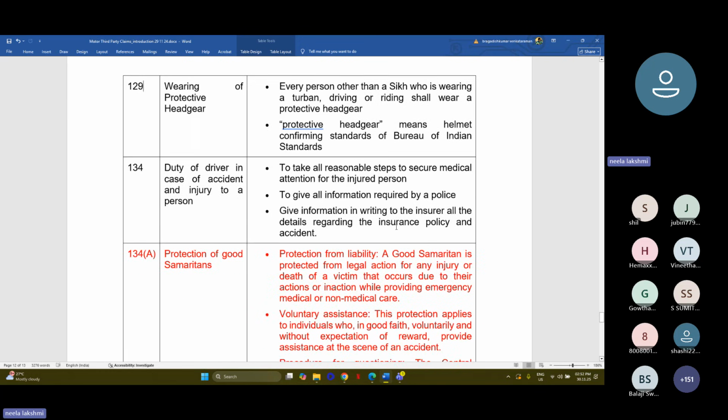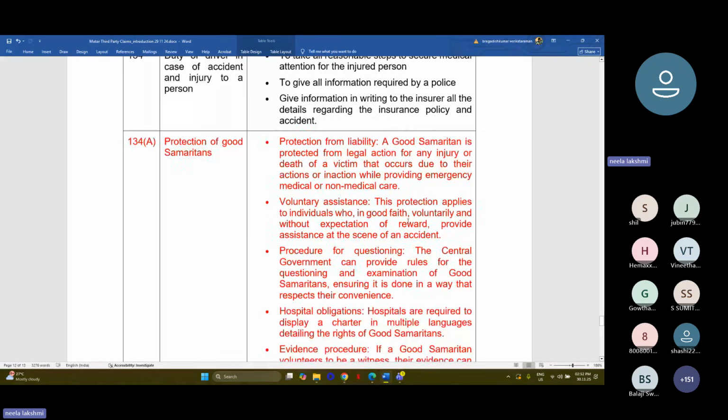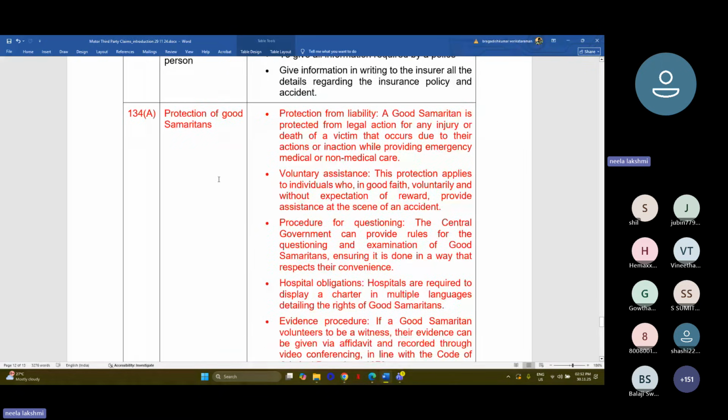Next one. When a road traffic accident happens, it is the duty of the driver to take all reasonable steps to secure medical attention for the injured person, according to section 134. Now, this is a newly introduced important section, protection of Good Samaritans.